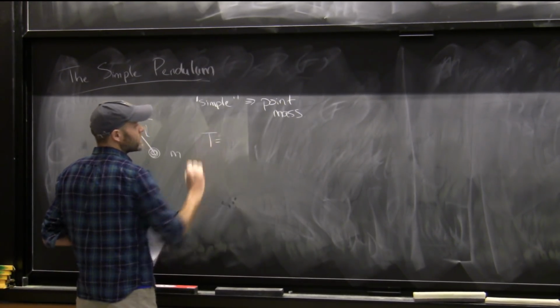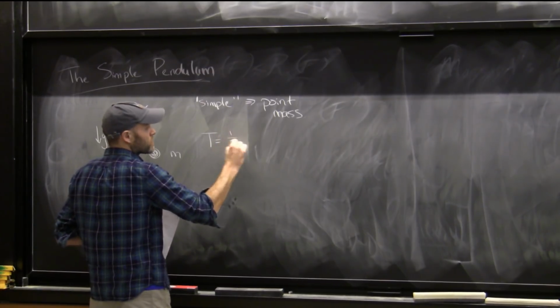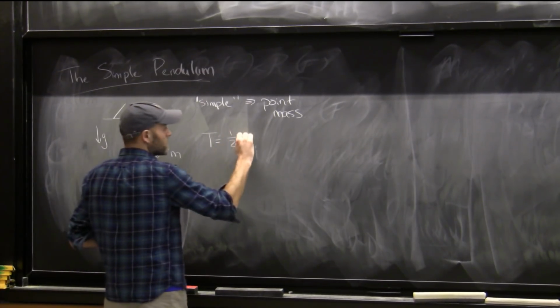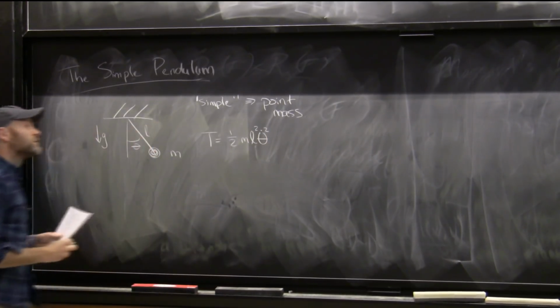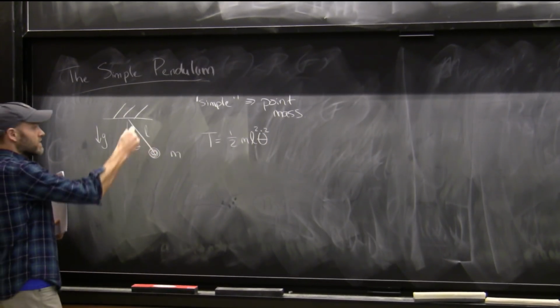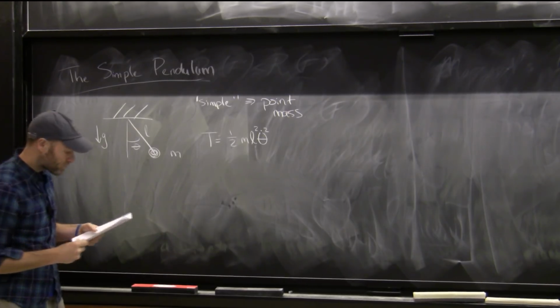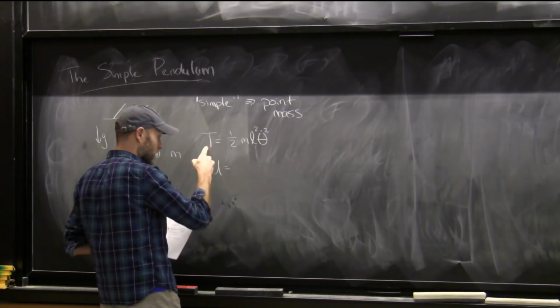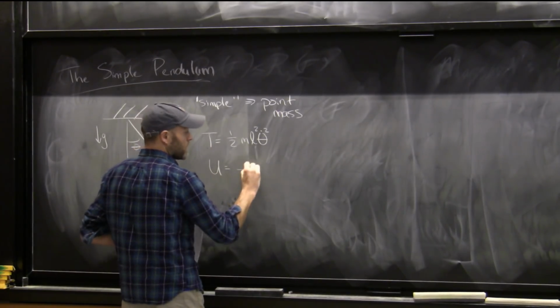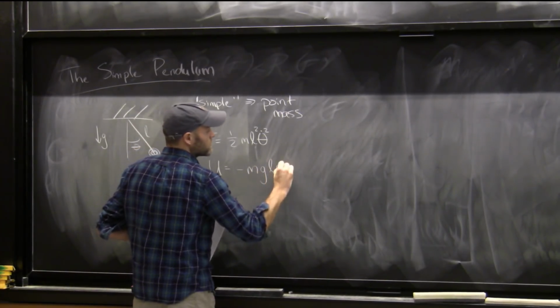The kinetic energy of this system is just 1/2 ml squared theta dot squared. That's the velocity of this, L squared theta dot squared. And then the potential energy is just negative mgl cos theta.